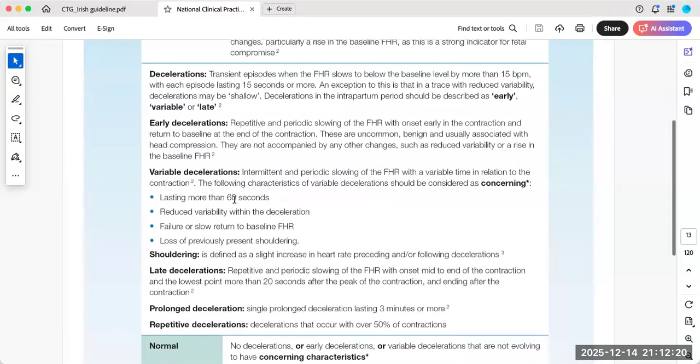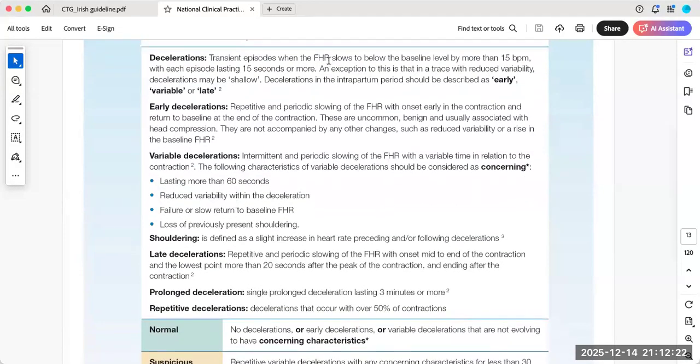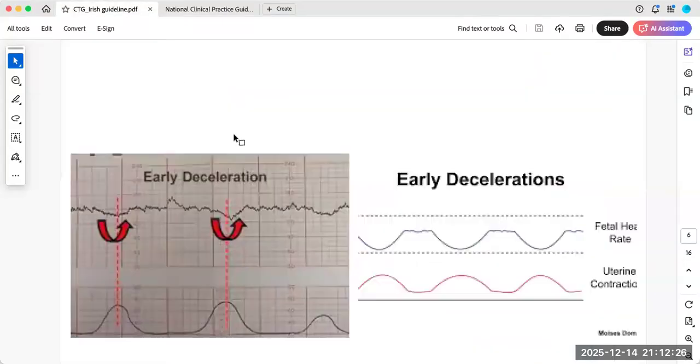The early decelerations, my friends, are a good or benign type of deceleration. Here I'm showing you an example of early deceleration, which comes in line with the contraction.